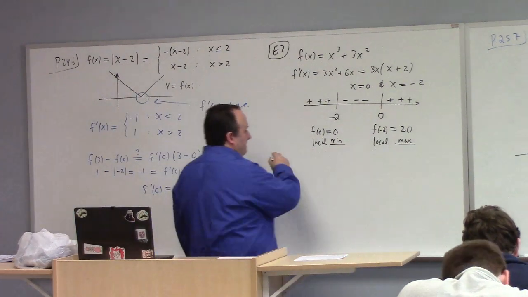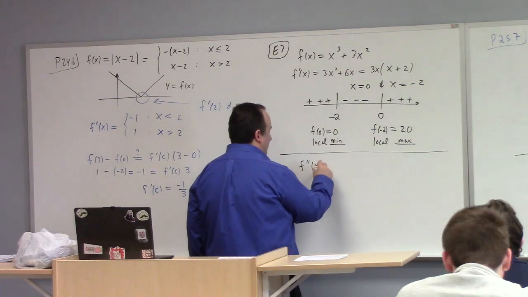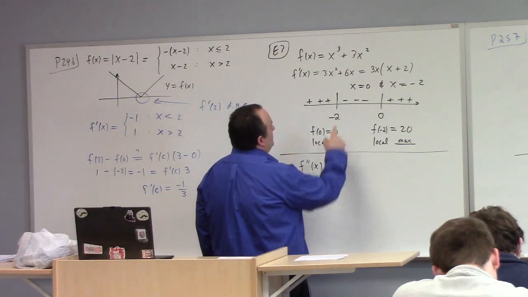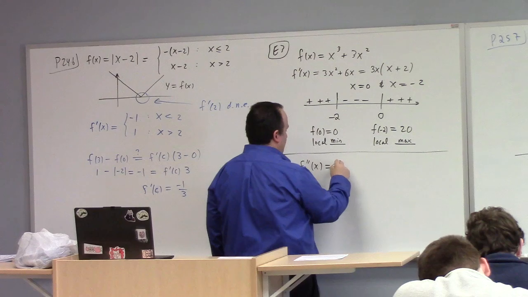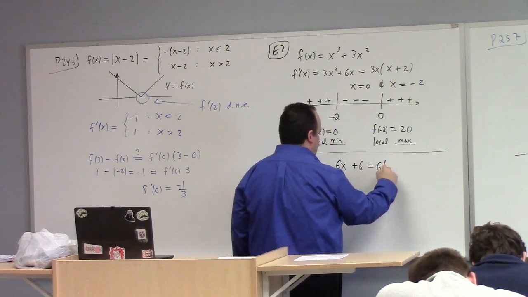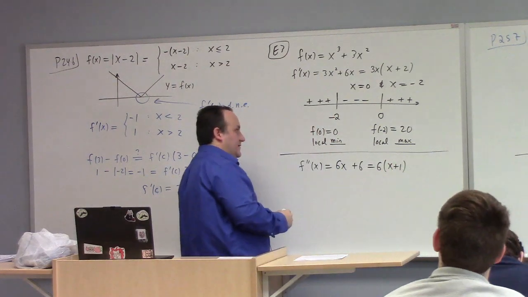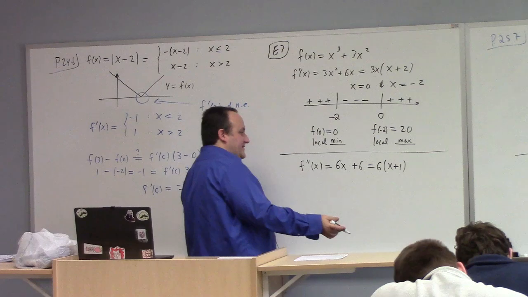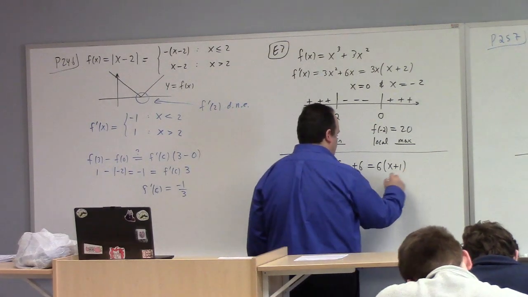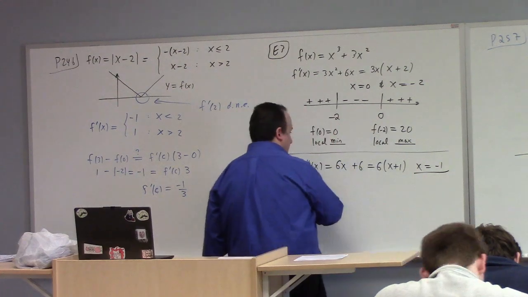How about f prime prime? Well, we've got 6x plus 6. Oh man, I really like this example. Everything's nice in it. The possible point of inflection is at minus 1.